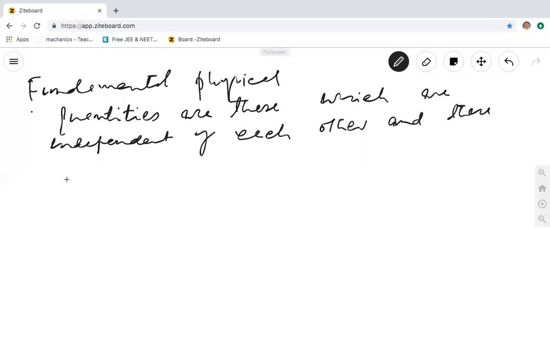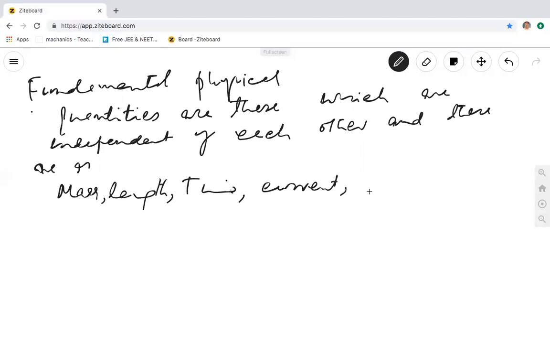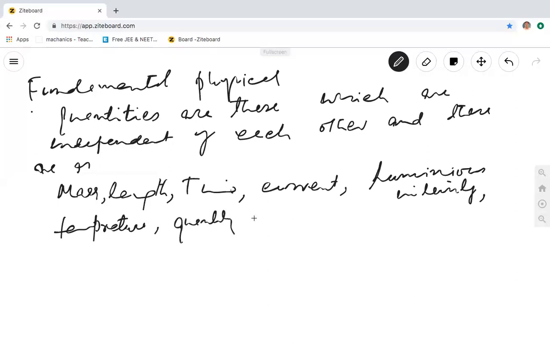And these are, as you see, mass, length, time, current, luminous intensity, temperature, and quantity of matter, that's mole.